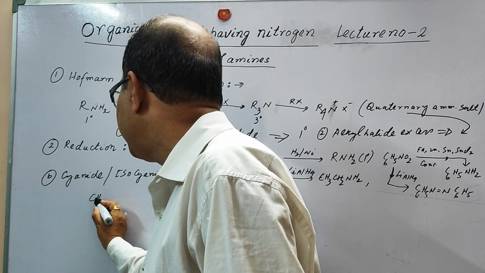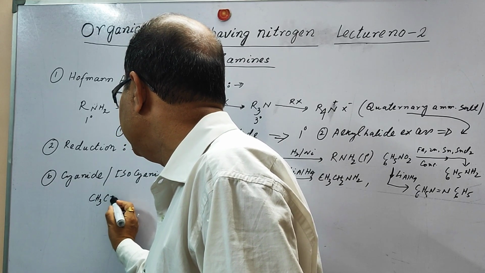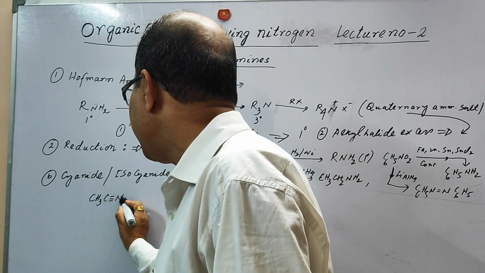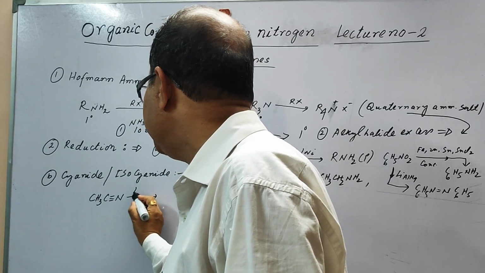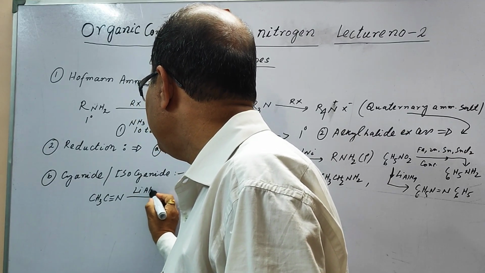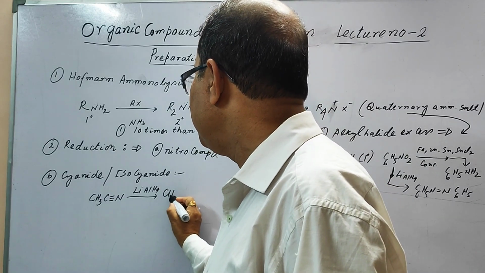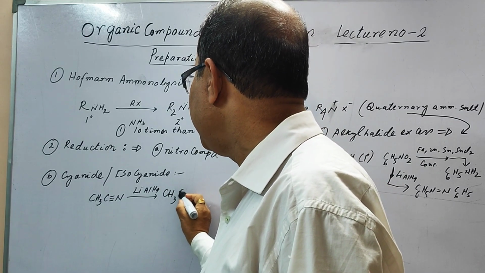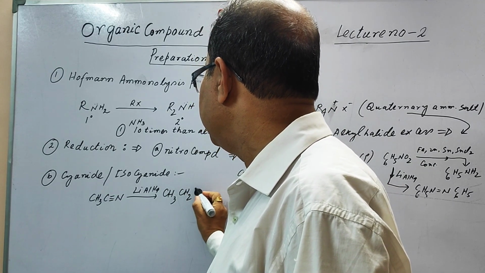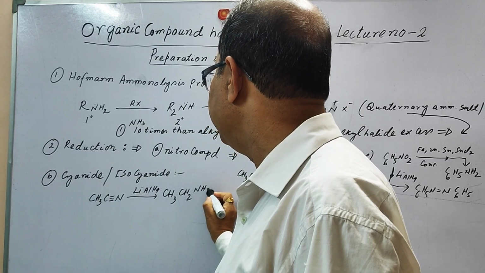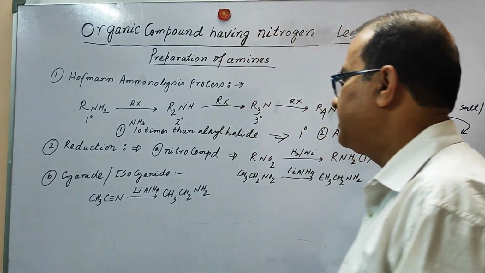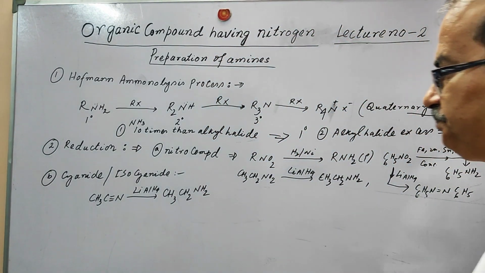Suppose we are taking acetonitrile and using lithium aluminum hydride as a reducing agent. It is going to produce this 1 degree amine, that is ethyl amine.